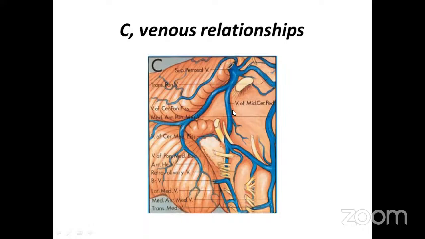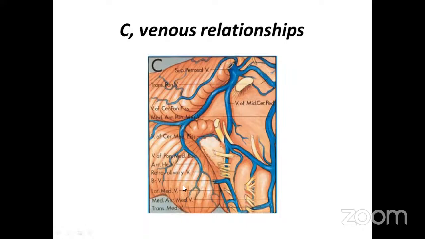Here in the middle is the vein of the middle cerebellar peduncle, and from behind there comes a pontomedullary vein. So these three veins combine to form the superior petrosal vein, and this superior petrosal vein superiorly joins the superior petrosal sinus.